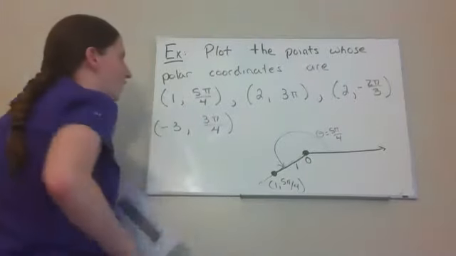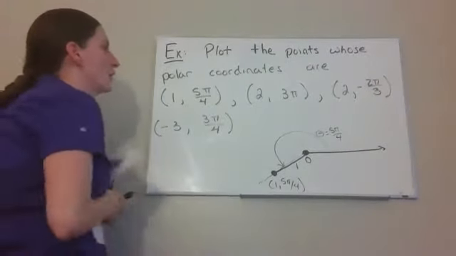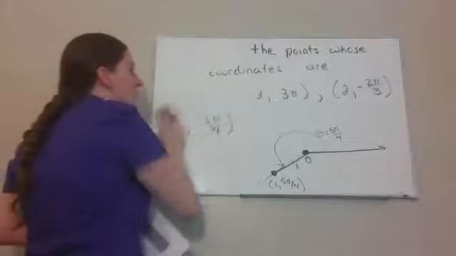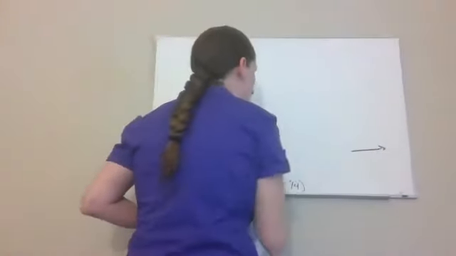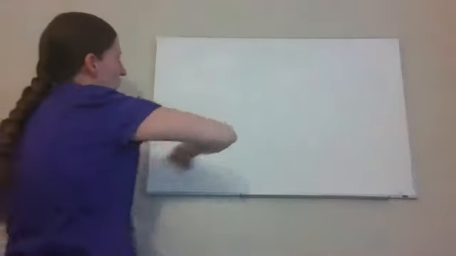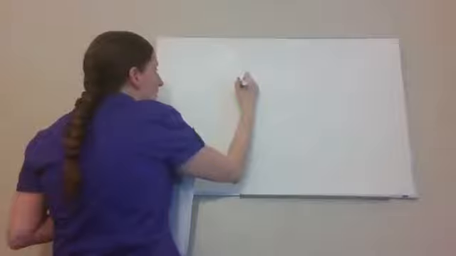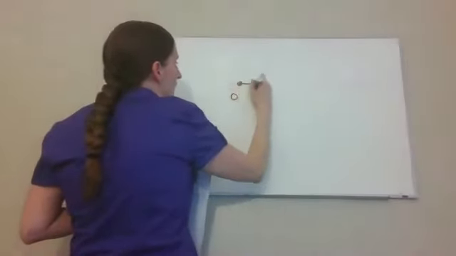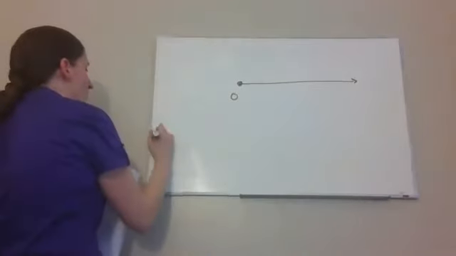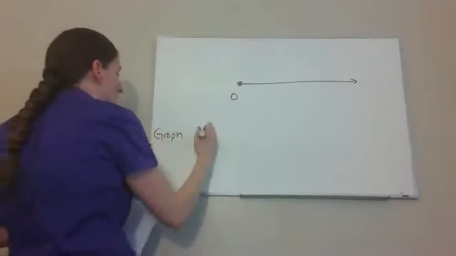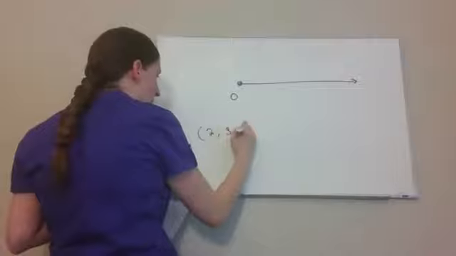All right, so the point (2, 3 pi). Well, let me start by drawing my pole, my polar axis, and we're trying to graph the point (2, 3 pi).